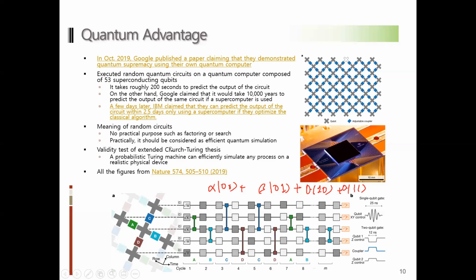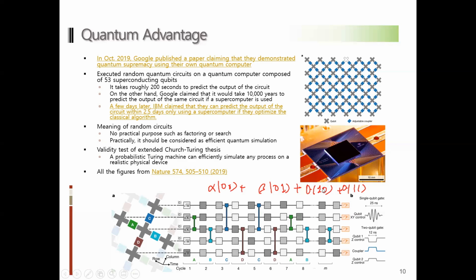But the reason people were so interested in this kind of problem is it actually corresponds to the validity test of the extended Church-Turing thesis, because according to the extended Church-Turing thesis, if you don't consider the quantum computer as a special case, then what this claims is that the probabilistic Turing machine in principle can efficiently simulate any process on a realistic physical device.